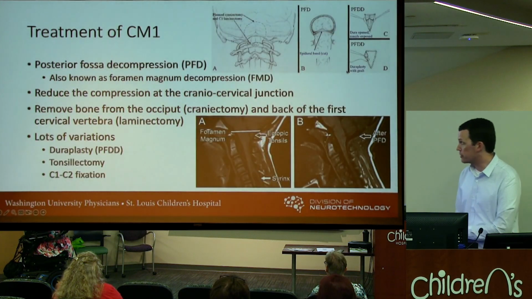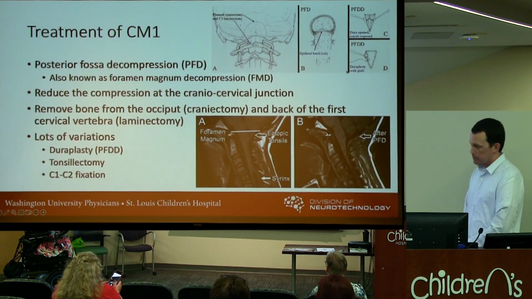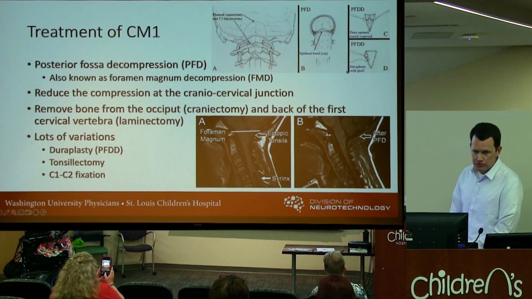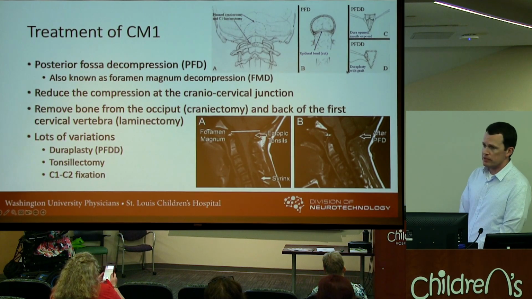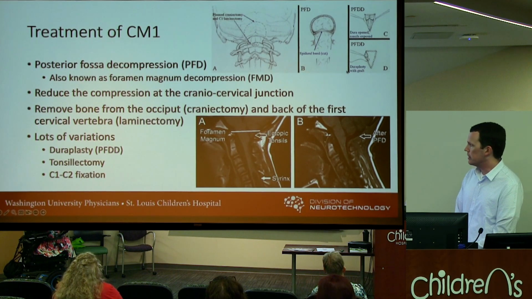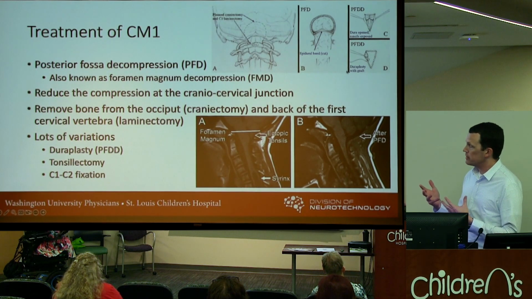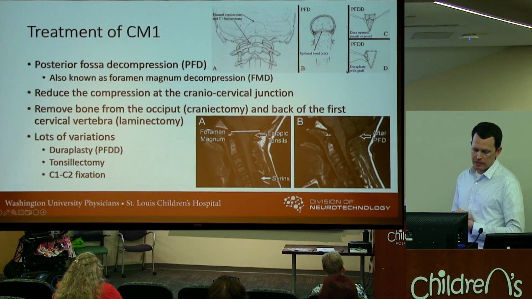So as we talk about treatment, there's a couple of things that we usually talk about. One is the posterior fossa decompression, or PFD, is sometimes the way you'll see it abbreviated. Other people will abbreviate it as a foramen magnum decompression, or FMD, but that same concept of a decompression where those tonsils are becoming ectopic and crowding that space.